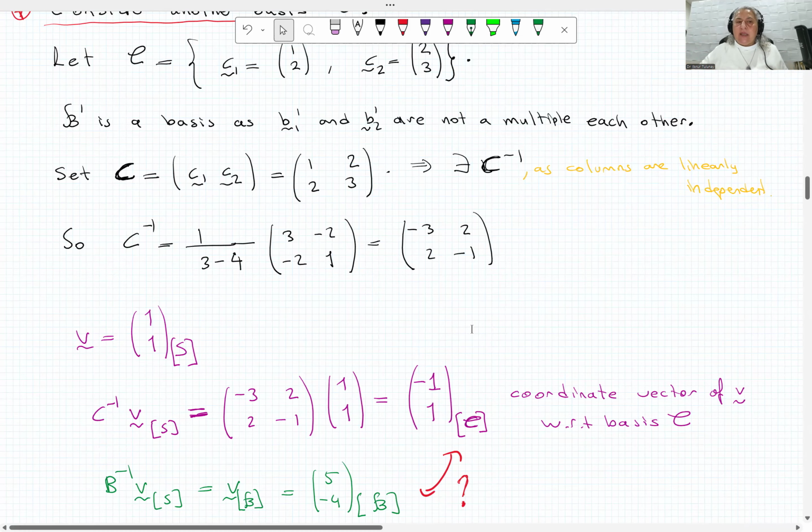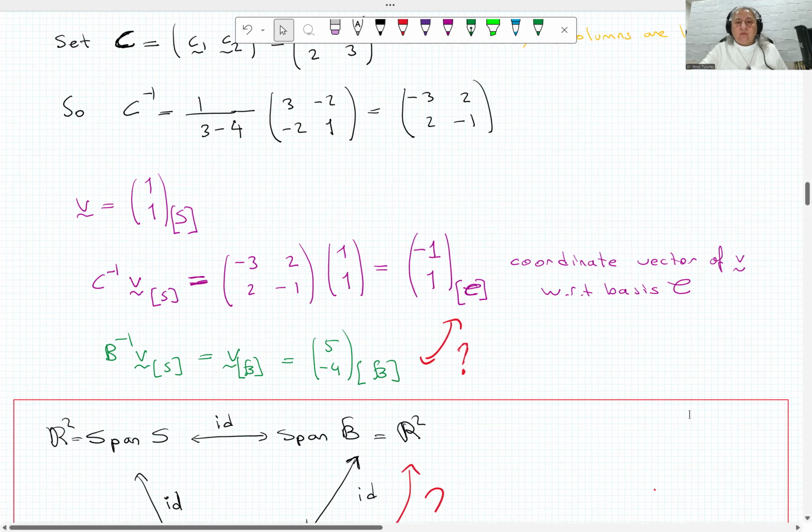We need to multiply this matrix that we construct from the basis C. So this is what it is. So I'm thinking again the same vector, 1, 1. When I multiply by C inverse, I have minus 1, 1. So this will be the coordinate vector with respect to C, with respect to another basis.